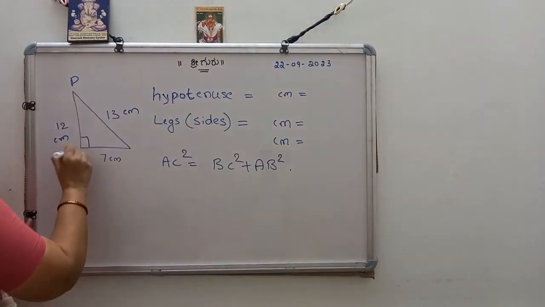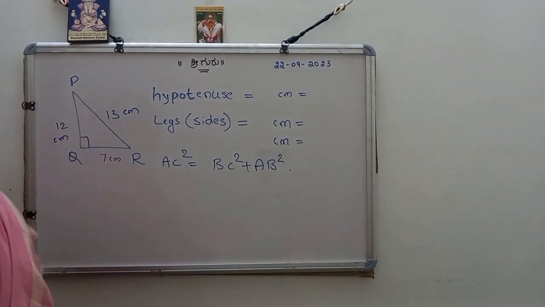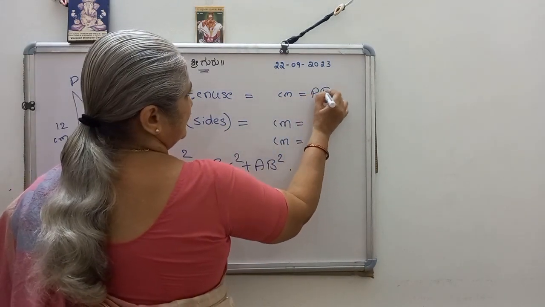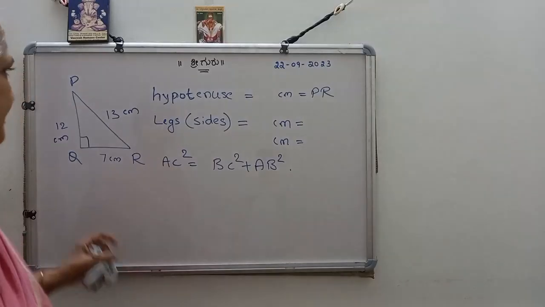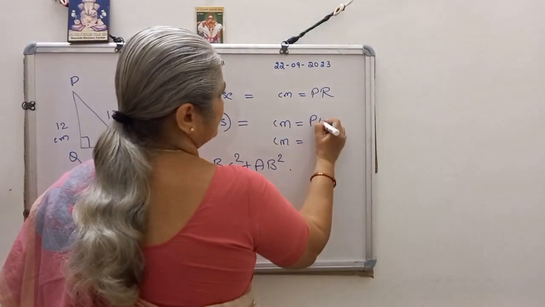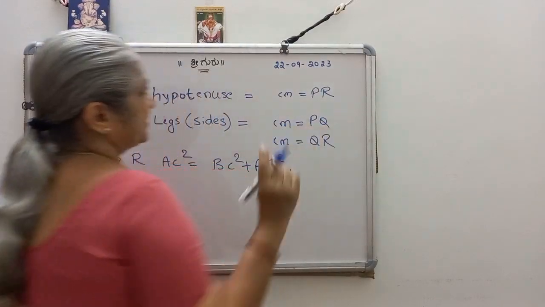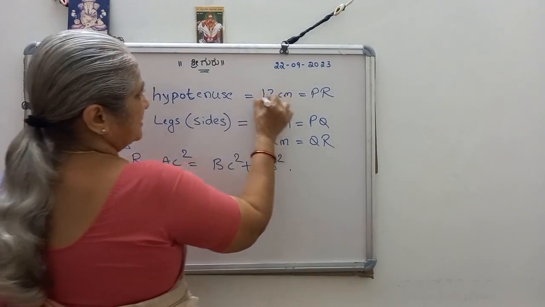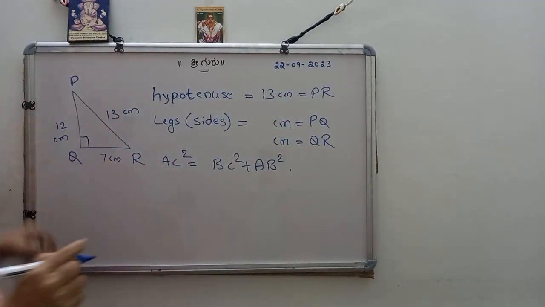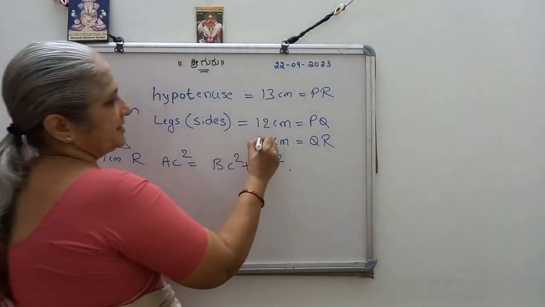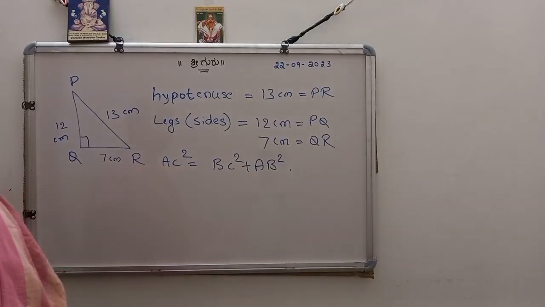This is P, Q, R. Now tell me, Rachu, what is hypotenuse? Is it not PR? Yes. And what are the two other legs, Arya? PQ and QR. Am I right? So, what is the length of PR? 13 centimeter. What is the length of PQ? 12 centimeter. What is the length of QR? 7 centimeters.